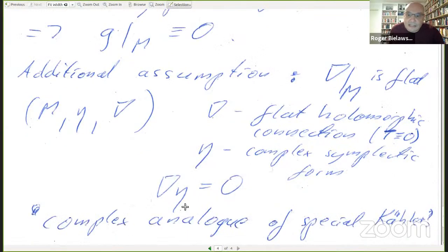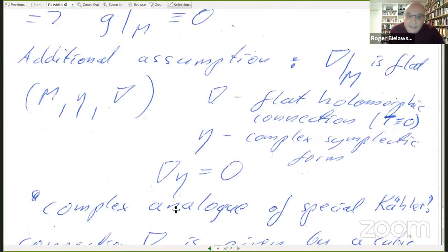Let me just speculate: I would like to think of this as a complex analog of special Kähler manifold. Of course there are more assumptions about the lattice action and so on, but I think they might be separate from this theory.